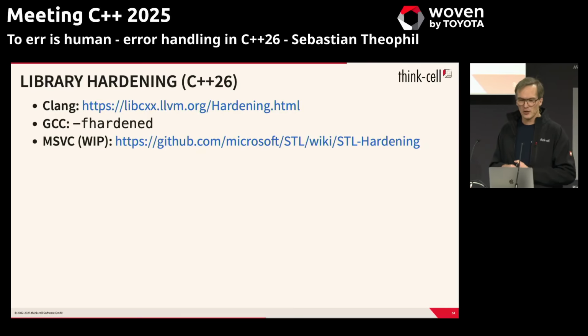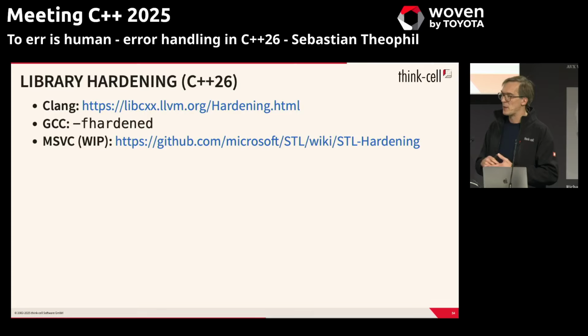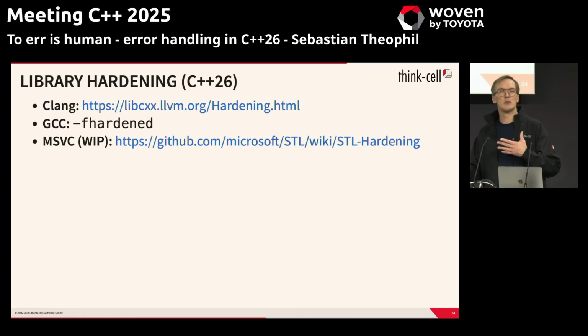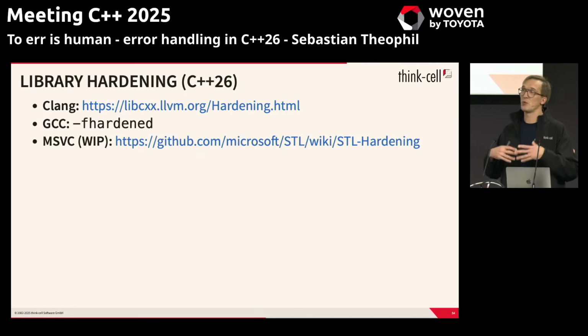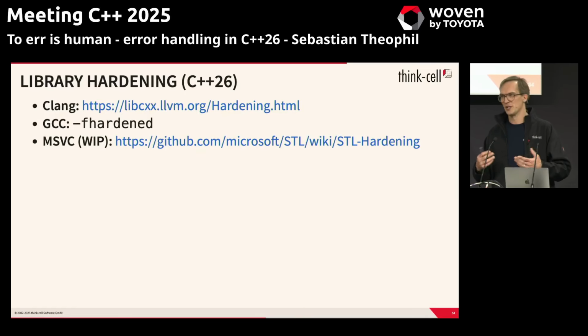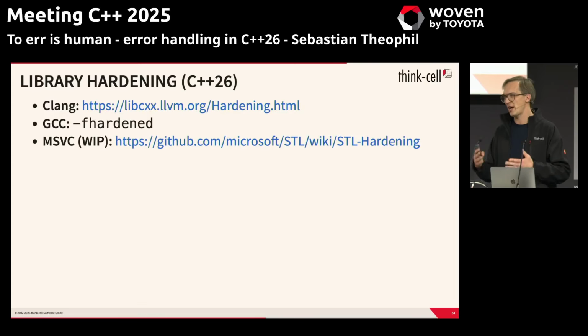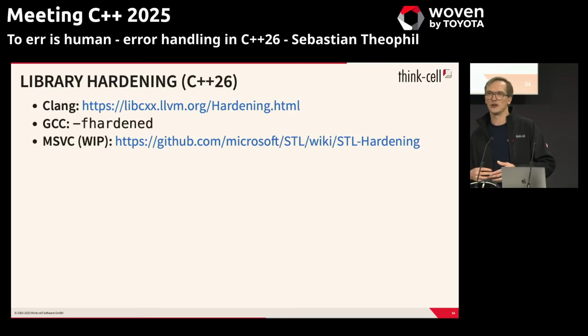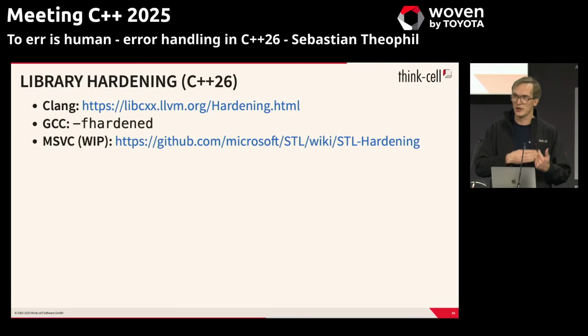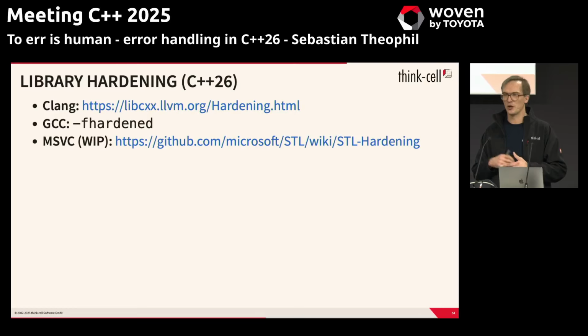On Clang, on GCC, on Microsoft, Microsoft had a similar iterator debug library for a very long time. That was even more powerful actually than what I think the hardening proposal now enforces. So they always checked in debug builds that your iterators were valid, you were comparing iterators that were referring to the same container, etc. So they had a lot of metadata in debug builds to check for correctness.